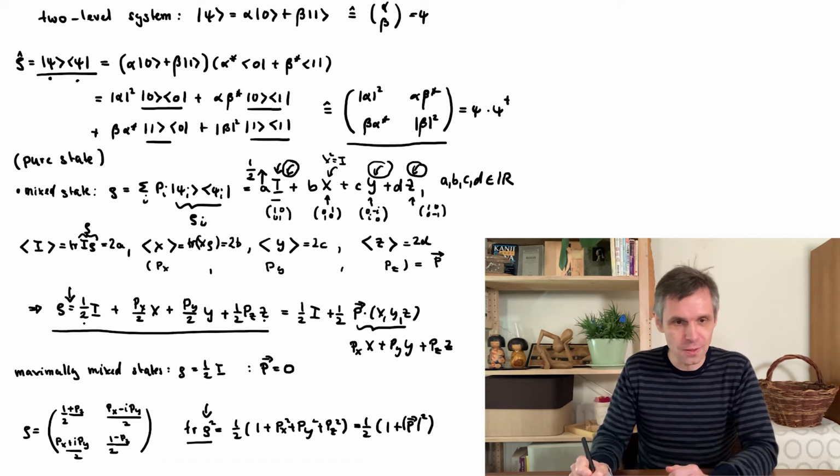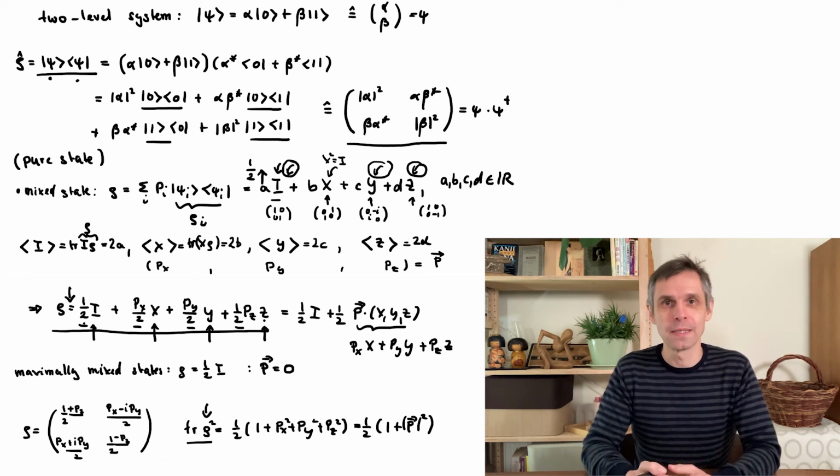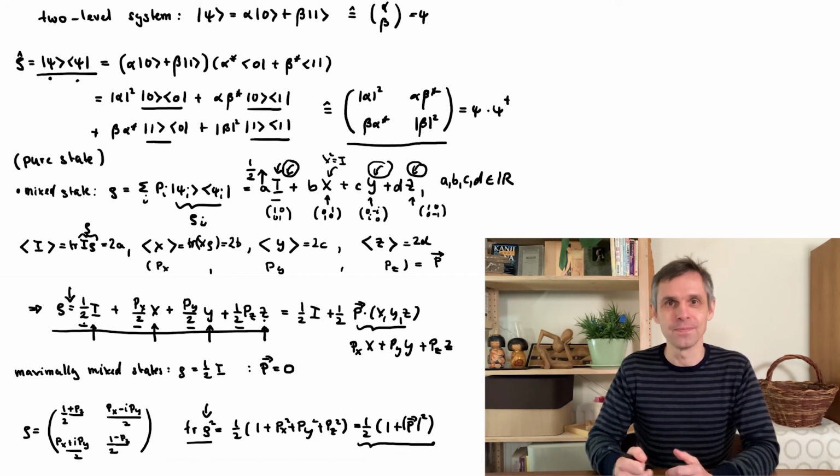And just as before, the only contributions arise when the identity matrix is multiplied by itself, or any of the Pauli matrices is multiplied by itself. So this gives you a quarter, px squared quarters, py squared quarters, and pz squared quarters, multiplied by the trace of the identity matrix, which is just 2, and at the end you will just get the same result as given here.